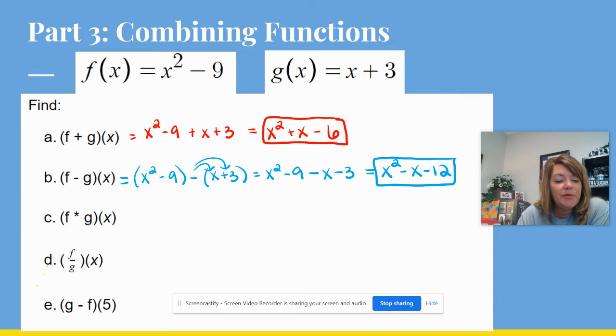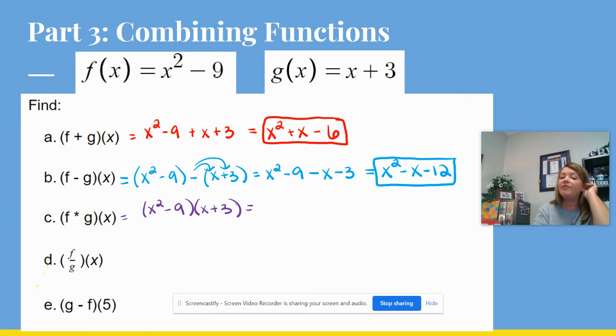Let's do multiplication. When I do the multiplication of these two, I'm going to do x squared minus 9 times x plus 3. And I need to FOIL. We got to FOIL this out, right? Because when we multiply two binomials together like this, we need to FOIL.